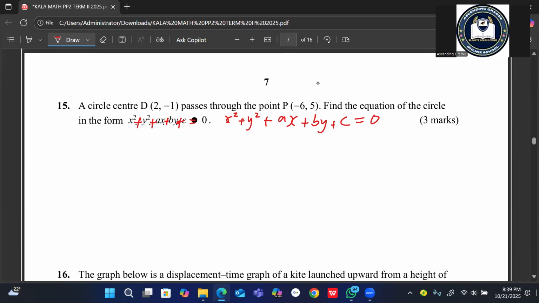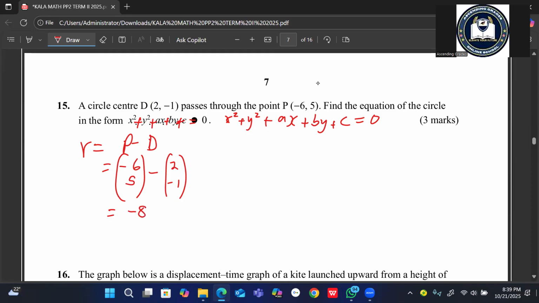So we have to determine our radius, and our radius means that we'll have to take our point P minus our center D. So this one is the same as -6, 5 minus 2, -1. So that one gives you -8.